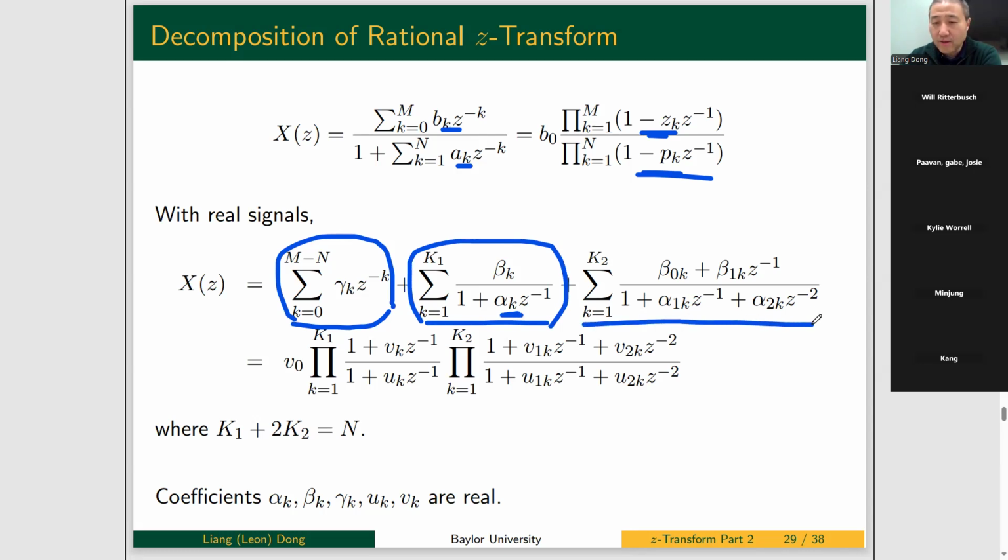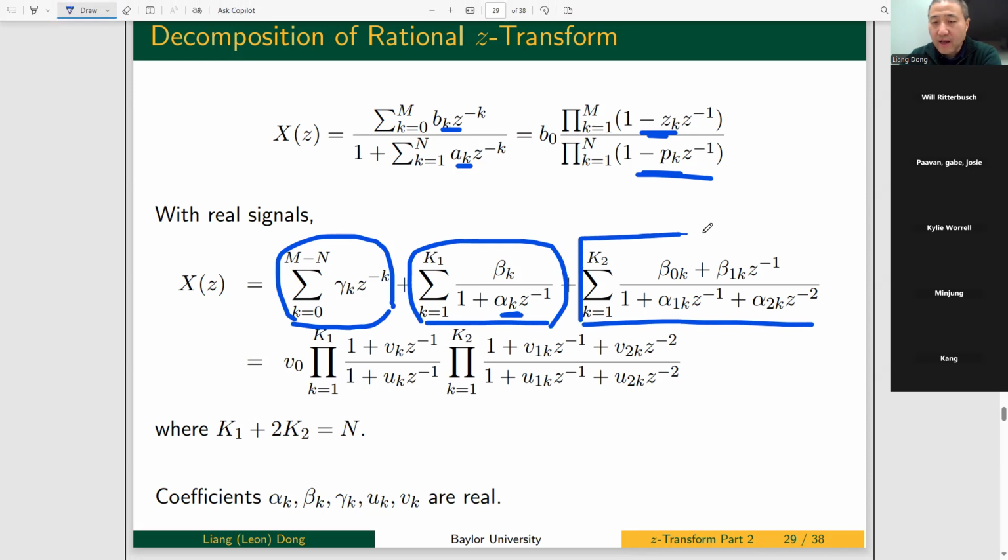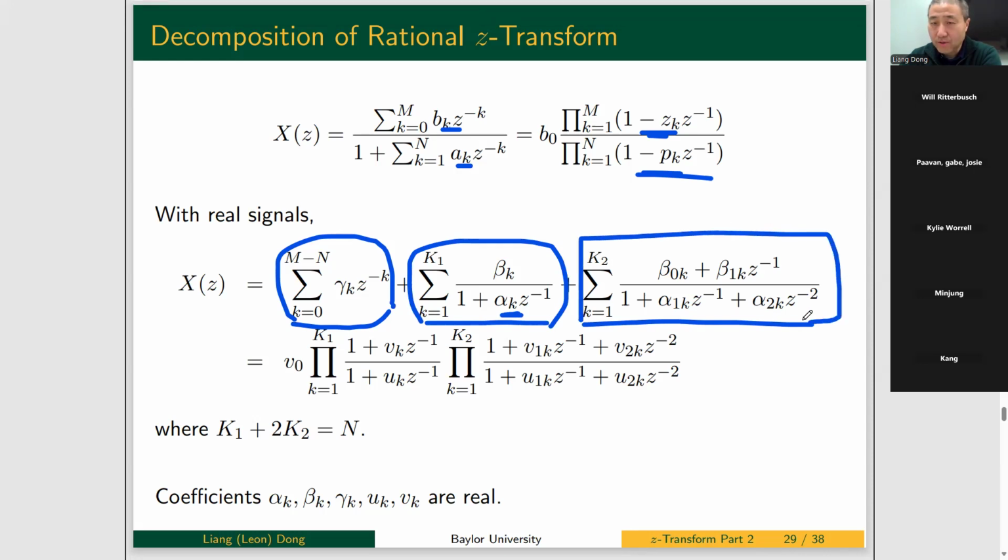The third term here, I have two poles, but these poles have to be complex conjugates of each other because I need to make sure all these coefficients are real, right? This is alpha, by the way. It's not a, it's alpha 1 sub k, alpha 2 sub k. Alpha 1 and alpha 2 are complex conjugates of each other. So with a polynomial on the denominator, the highest order is 2 for all real coefficients, right?